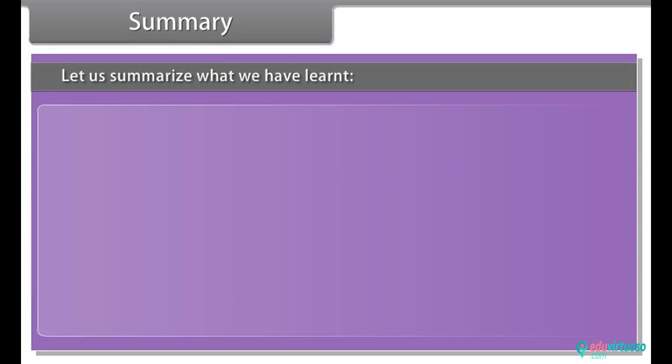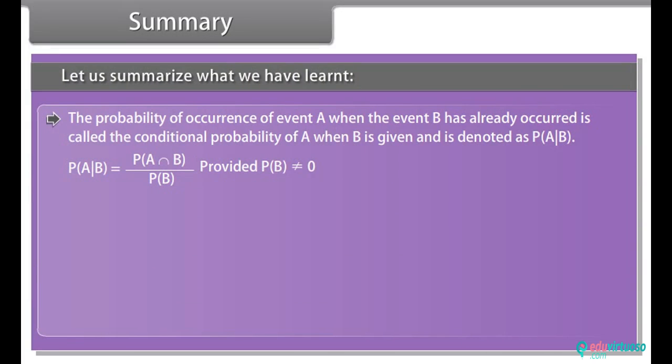Summary. Let us summarize what we have learned. The probability of occurrence of event A when the event B has already occurred is called the conditional probability of A when B is given. P(B | B) is equal to 1.